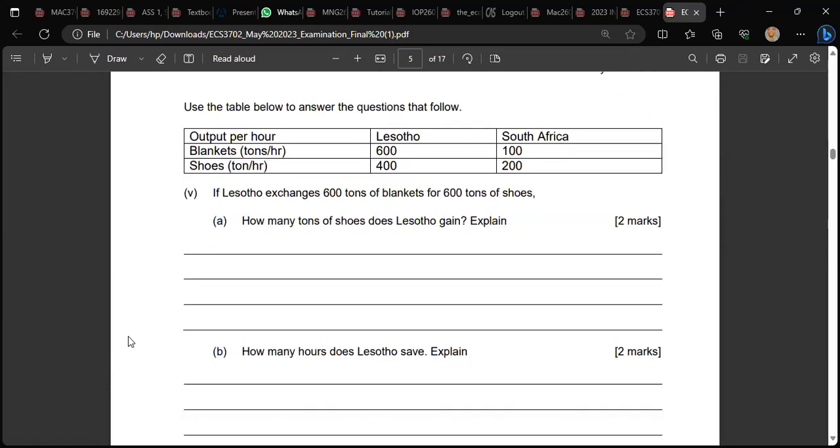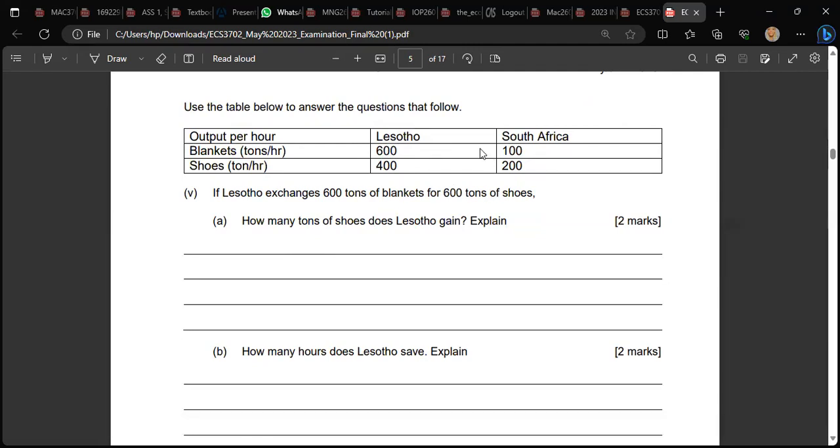All right, let's have a look at it. This is the situation that we're describing, where Lesotho has an absolute advantage in the production of both of these commodities. And here, South Africa has an absolute disadvantage in the production of both of those commodities, but we have already done that anyway.